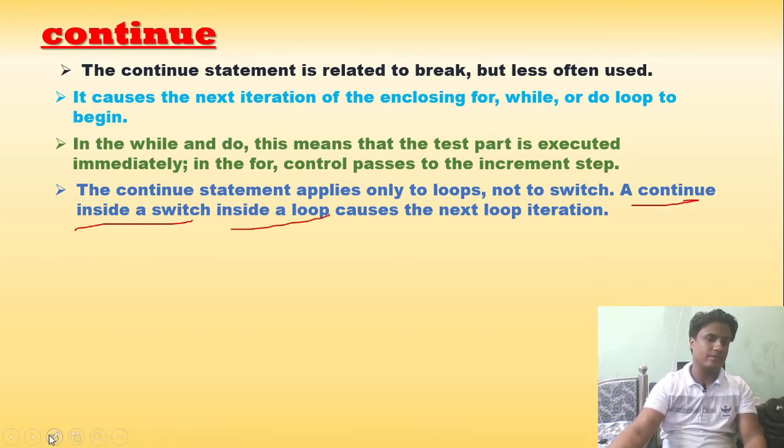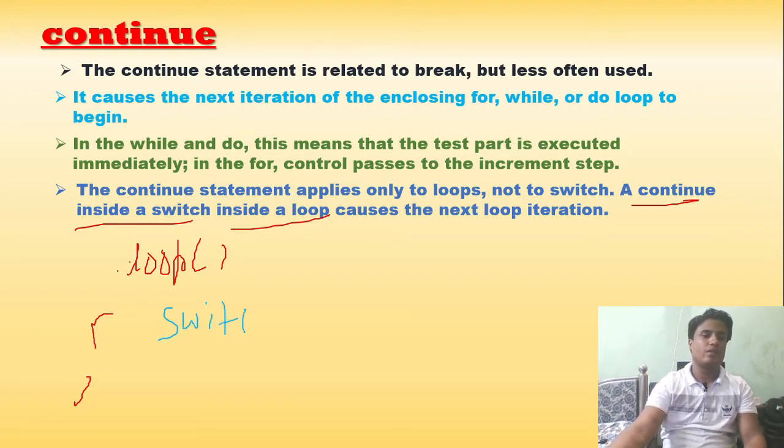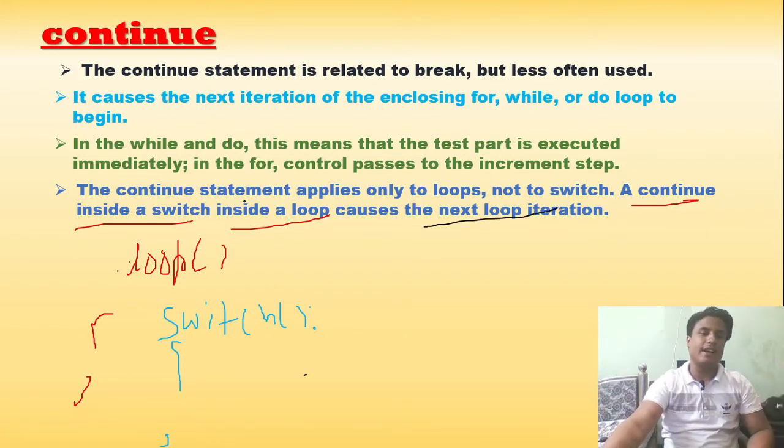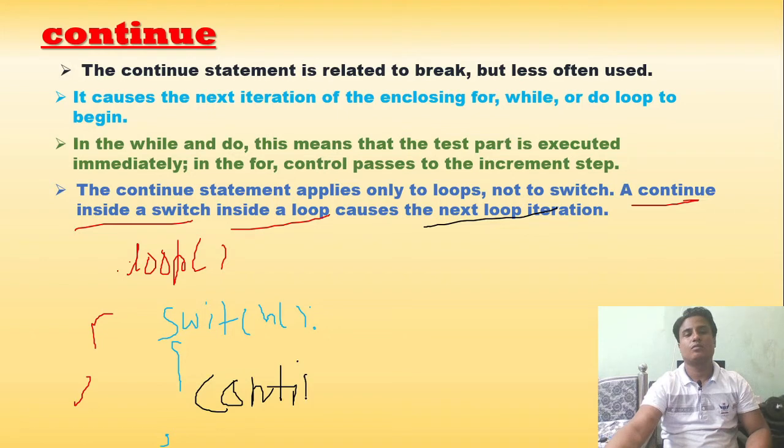It means there is some loop, suppose this is a loop, while or do-while, I don't care, and inside this loop there is a switch statement, and inside the switch we use continue here. So what does this continue signify?